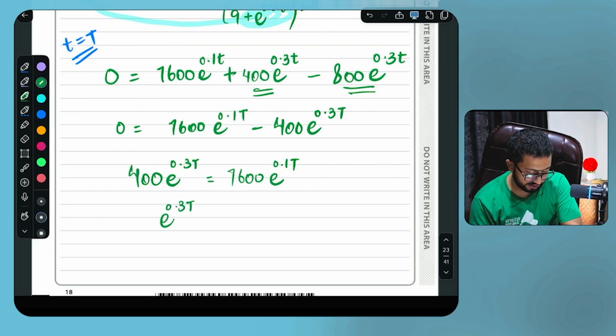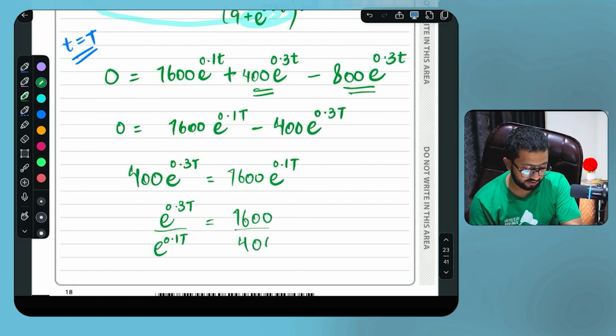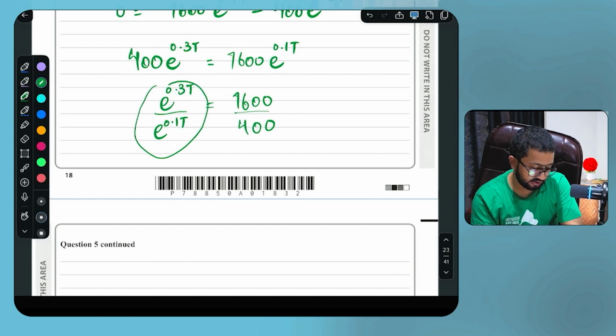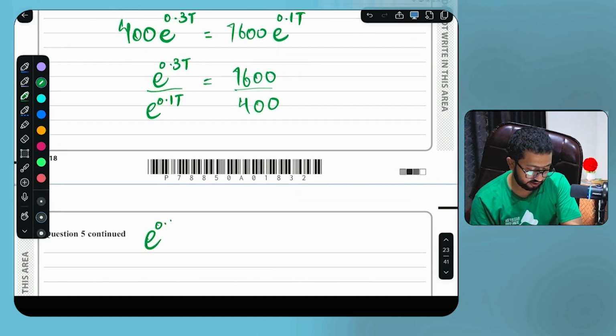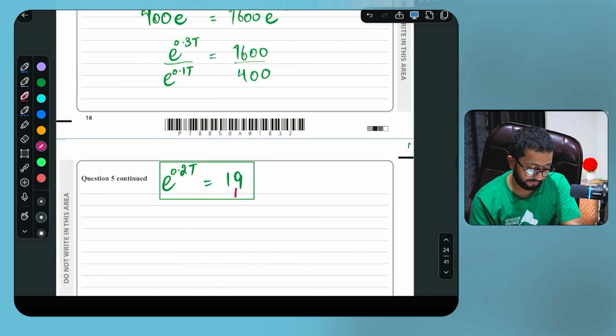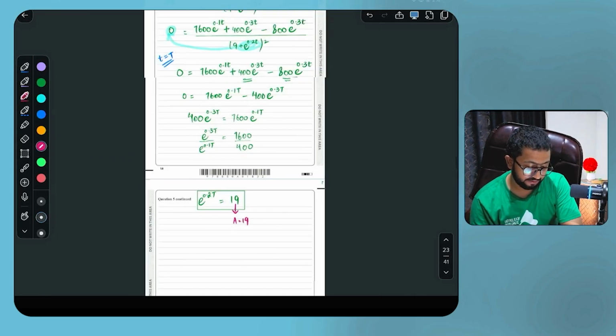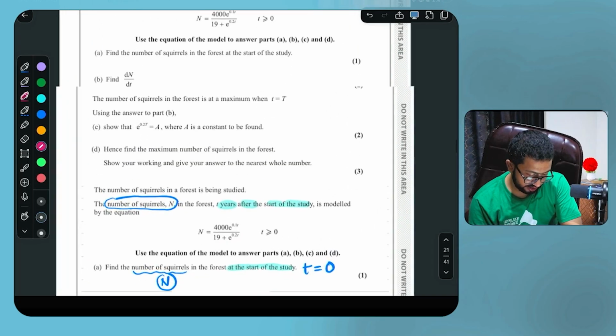So let's divide exponential with exponential and constant with constant. Bases are same, then you will subtract the powers, so you will get e raised to power 0.2T equal to 19. That is what we want to show. The a value is actually 19.